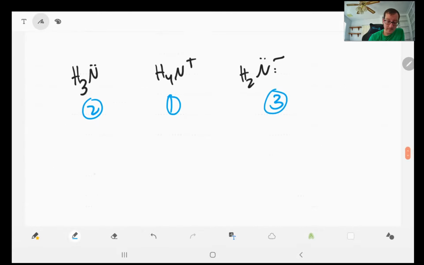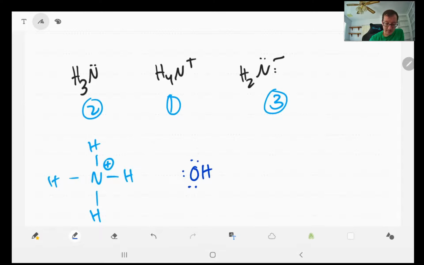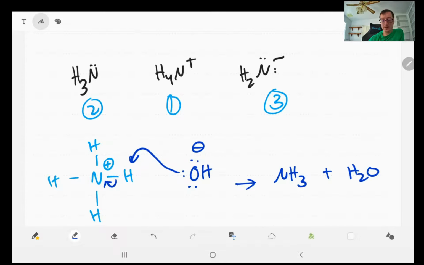Because if we look at this guy, we have a positively charged nitrogen here. It's going to be very easy for this to lose one of its hydrogens. We could say, okay, something else here, maybe hydroxide, whatever. Some base comes in, kicks it out. And we end up making ammonia and water.